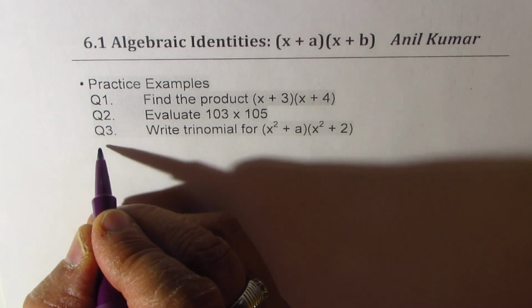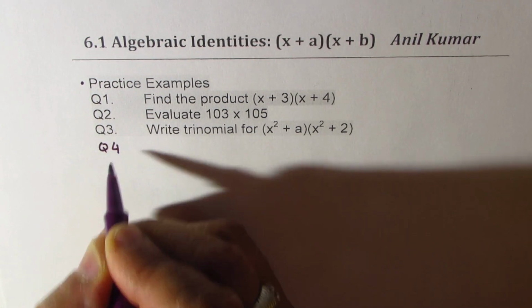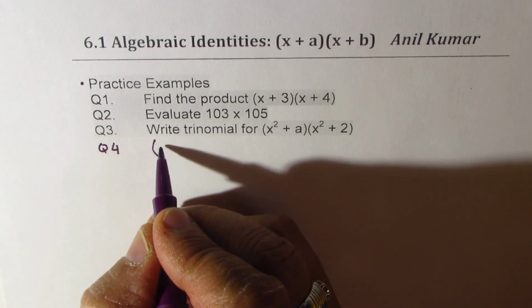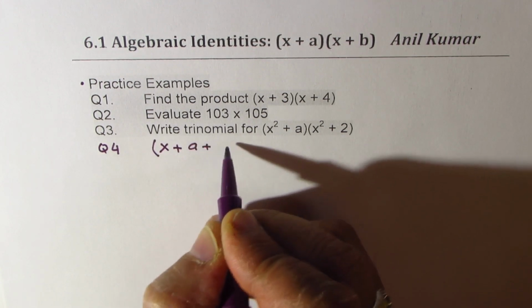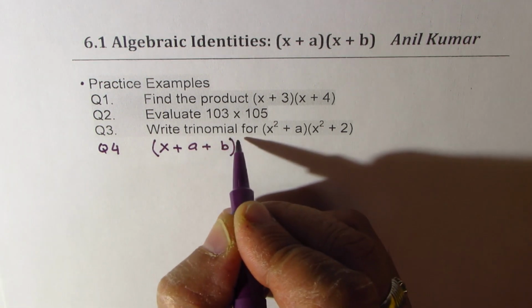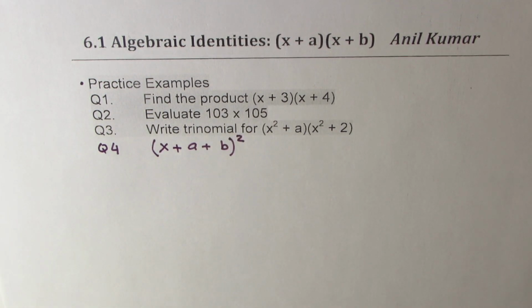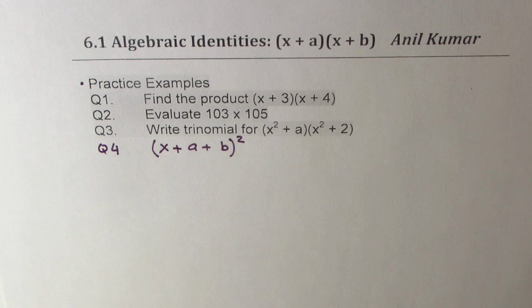Okay, and let me add question number 4 for you, which is, what is x plus a plus b whole square equals to? Correct? So I'm just adding one more for you.